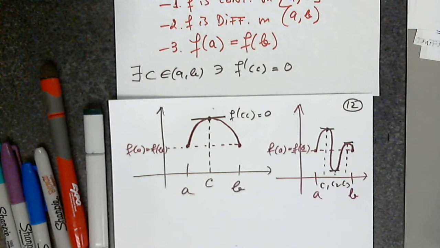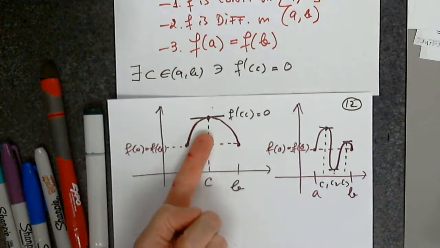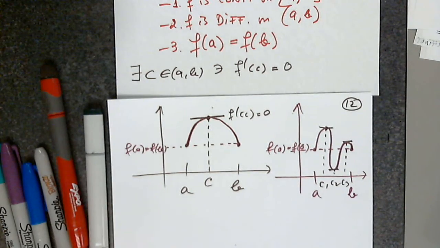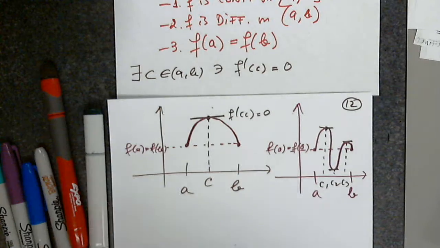The theorem guarantees at least one, but it can have more than one. The function doesn't have to turn once, it can turn 5 times. So then you will have 5 C's, as long as these 3 conditions are fulfilled, because it has to come back to the same point, right?